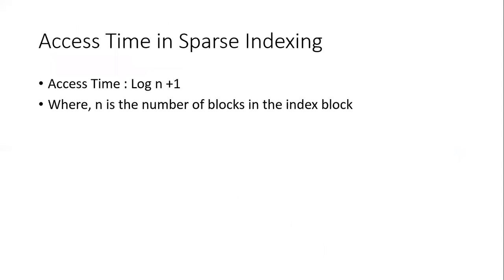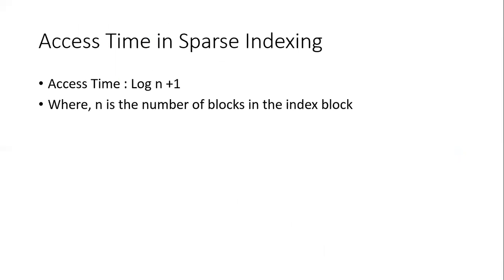Let's discuss the access time. Access time will be very much similar to the dense indexing. Here, the access time is similar to the dense indexing because the access time is log n plus 1, where n is the number of blocks in the index.